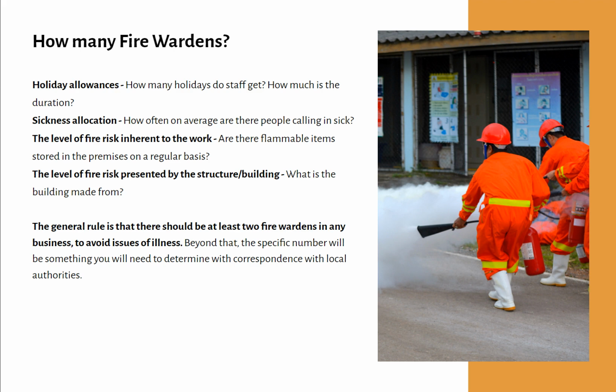The level of fire risk presented by the structure or building. What is the building made from? The general rule is that there should be at least 2 fire wardens in any business to avoid issues of illness. Beyond that, the specific number will be something you will need to determine with correspondence with local authorities.